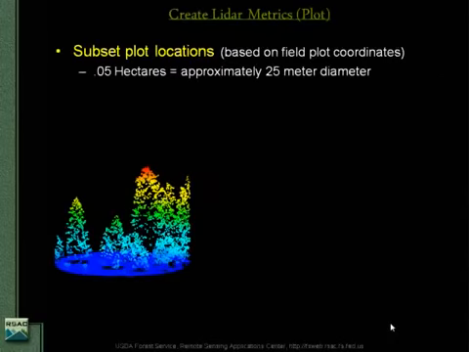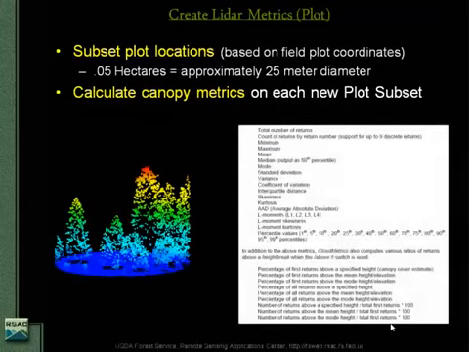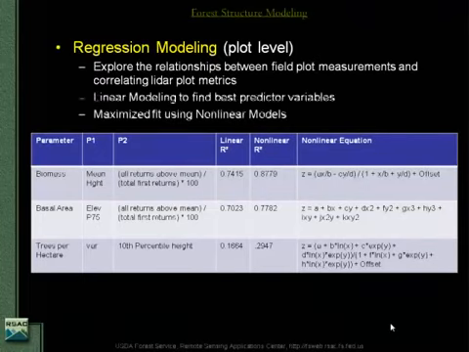As I mentioned before, not only do we measure field plots and calculate those inventory parameters, biomass, volume, we also clip out the exact same area in the LiDAR data, and we calculate a bunch of density and height statistics about that individual plot. Then we're going to try and relate that to what we see in our field plot.